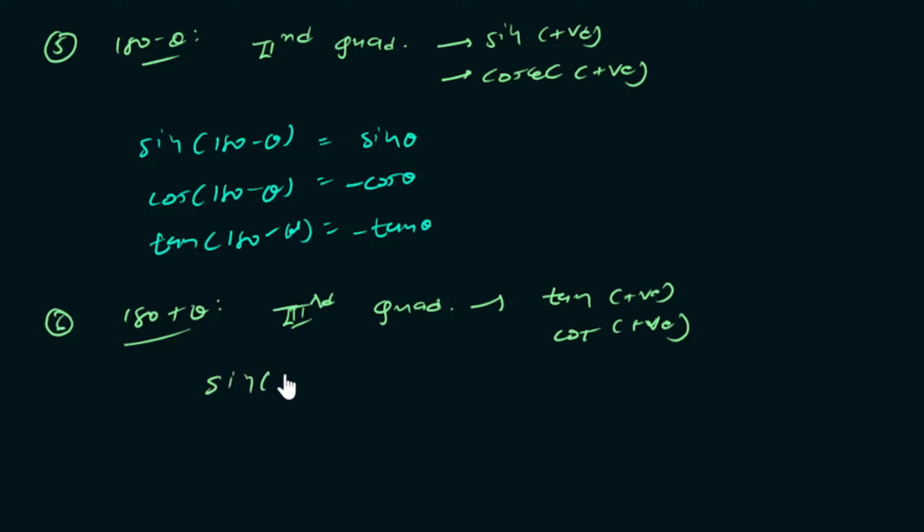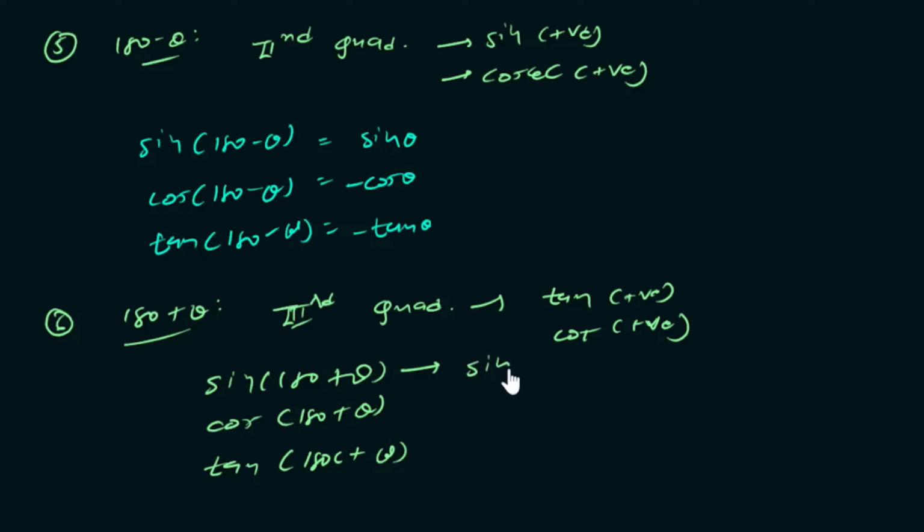Sine will be converted into sine theta, but it will be negative. Cos 180 plus theta will be converted to minus cos theta, and tan 180 plus theta will be converted into plus tan theta. So this is the third quadrant, that's why tan and cot are taken as positive.